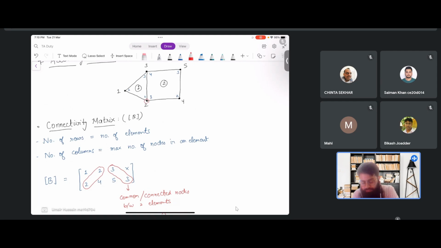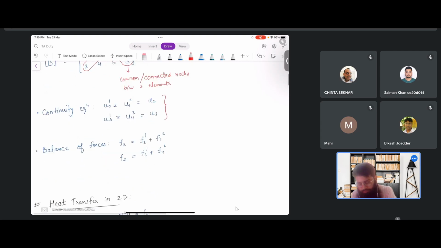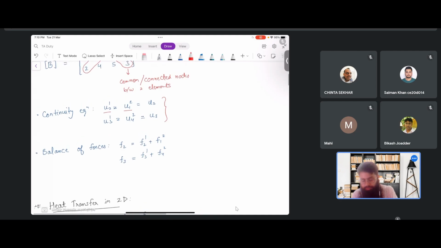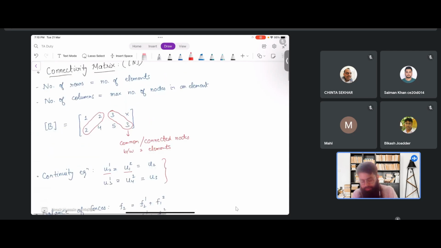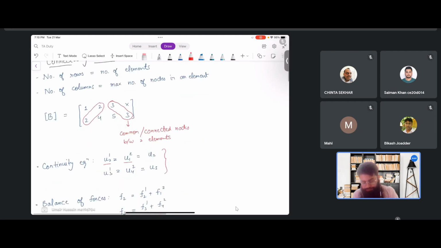For element 1, global node 2 is local node 2 of element 1, and for element 2 it is local node 1 of element 2. Both these displacement values are supposed to be the same. That's what continuity means. Similarly, we have one other common node, which is global node 3. Global node 3 is the local node 3 of element 1 and the local node 4 of element 2. That's how it works.